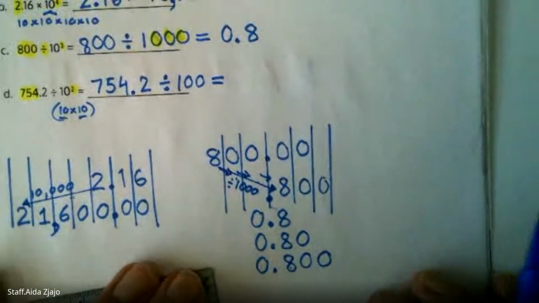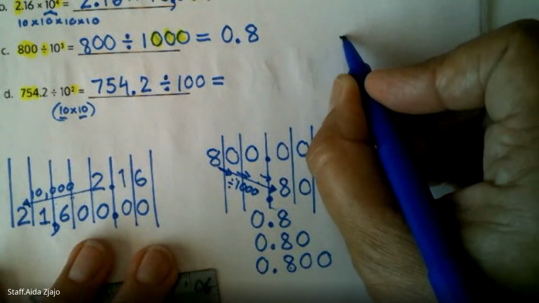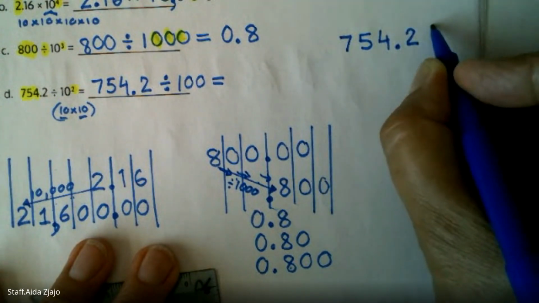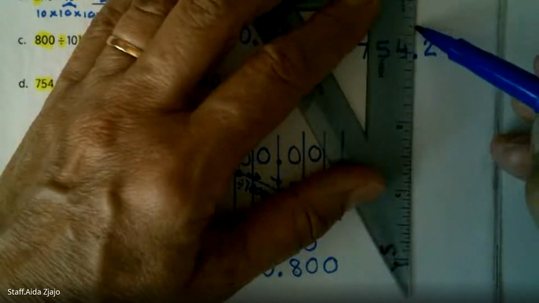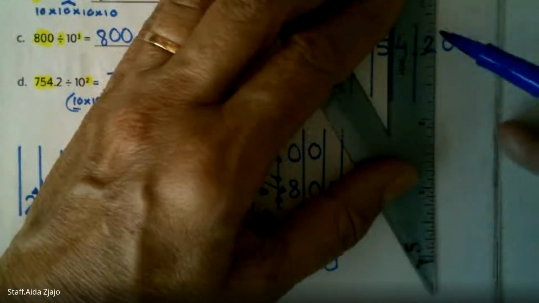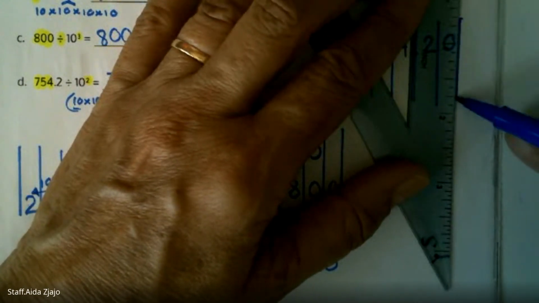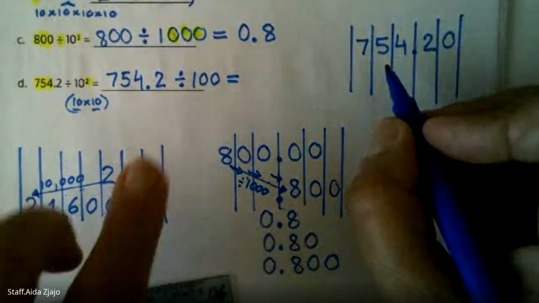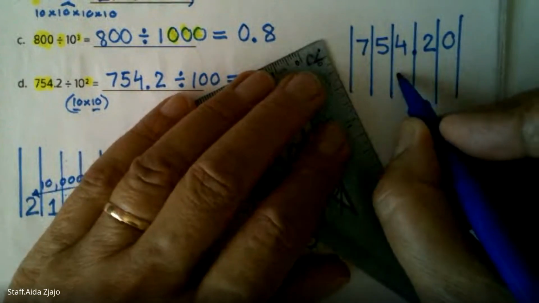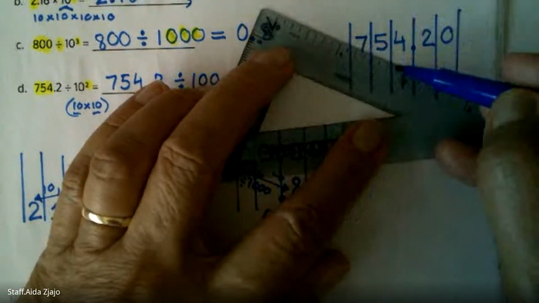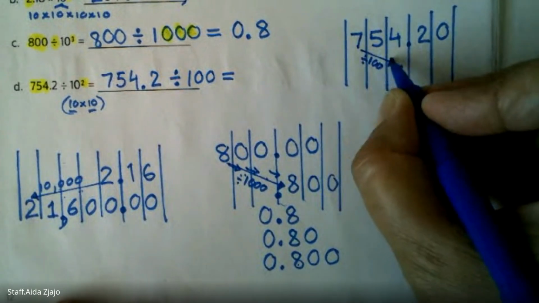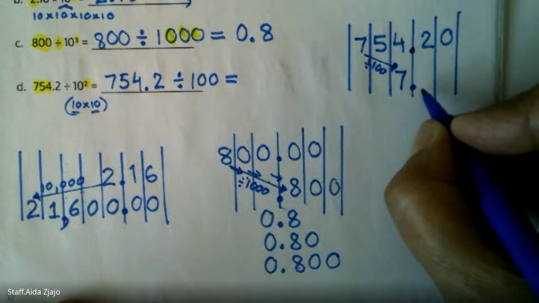So if I create this one here, I'm going to do 7, 5, 4, and 2. I'm going to draw place value: ones, tenths, hundredths, and then thousandths. So I need to move 7 twice. So 1, 2, it's going to move right here, because that is divide by 100. And then the decimal point will stay.